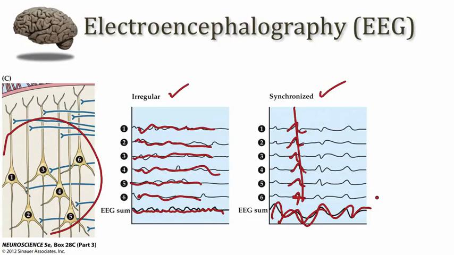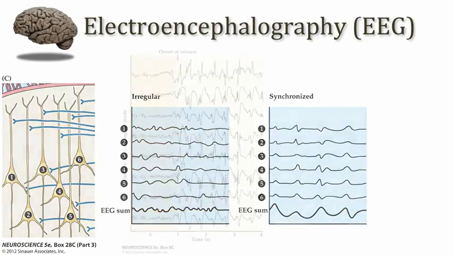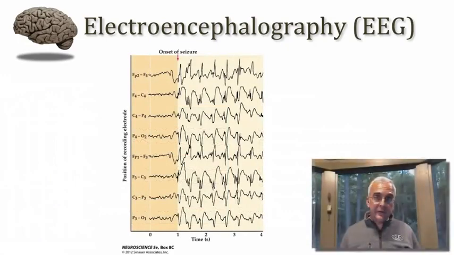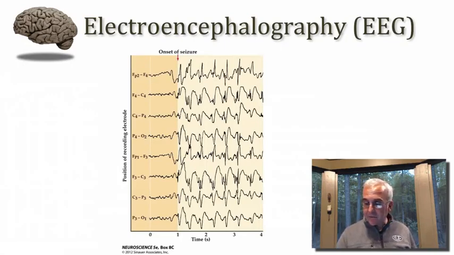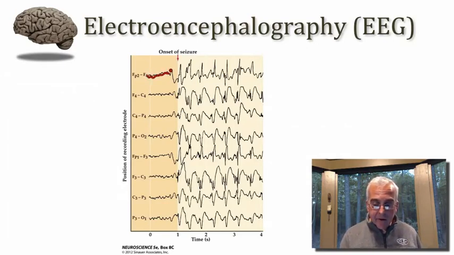Well, there is another context in which one can see highly synchronous activity, and it's not good. Highly synchronous electroencephalographic activity can be the hallmark of a seizure. So this is a representation of electroencephalographic data from an individual that experienced a seizure. So here we see healthy looking, high frequency, low amplitude activity recorded between pairs of scalp electrodes.